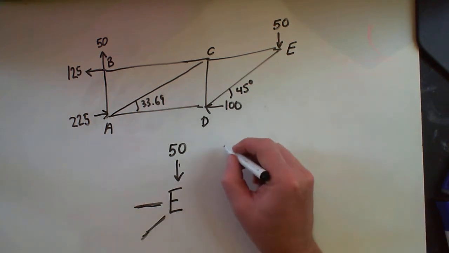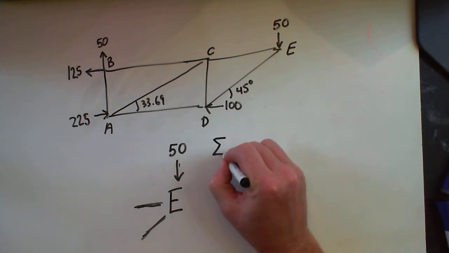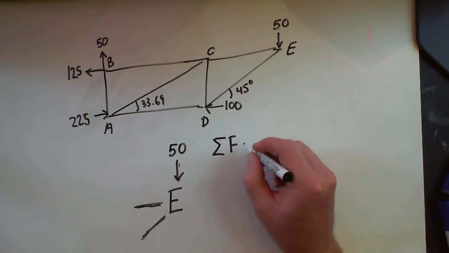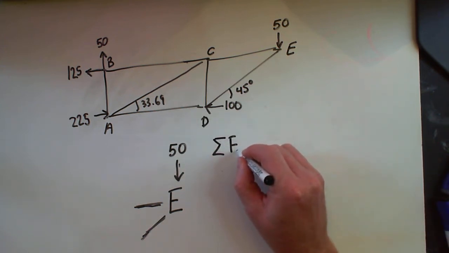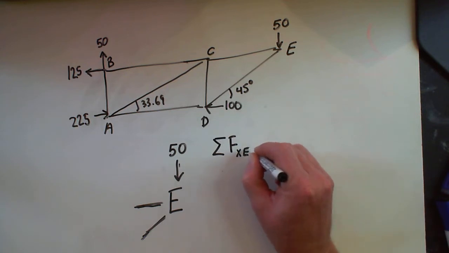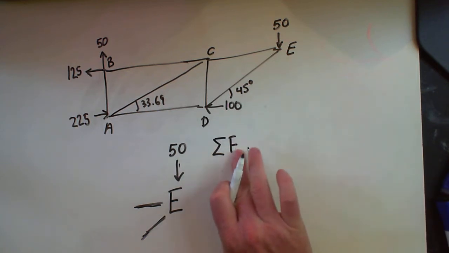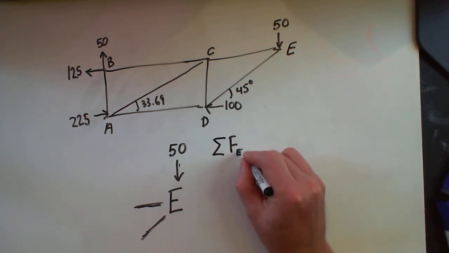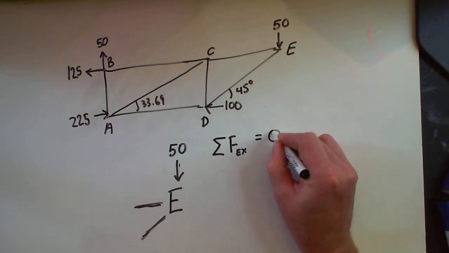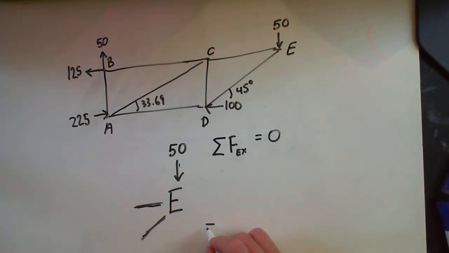So the formula is always the sum of all forces with respect to x at E must equal 0. And then we are also going to look at the fact that the sum of all forces at E with respect to y equals 0.